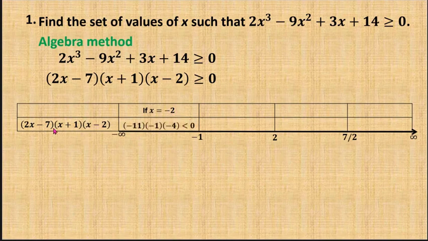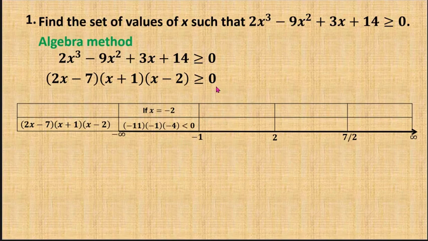When -2 is substituted into the factor x plus 1, I got -1. When -2 is substituted into the factor x minus 2, I got -4. The overall value is a negative value which is less than 0. This result shows that the polynomial is less than 0 when x is less than -1.